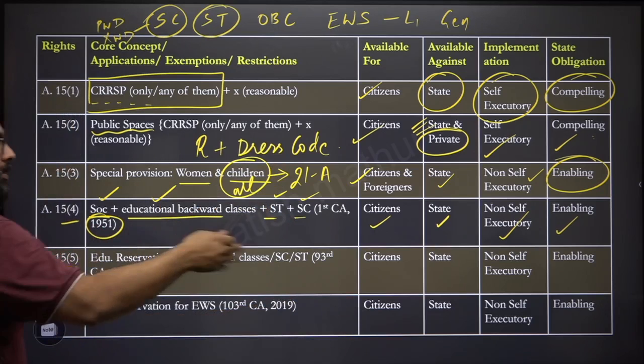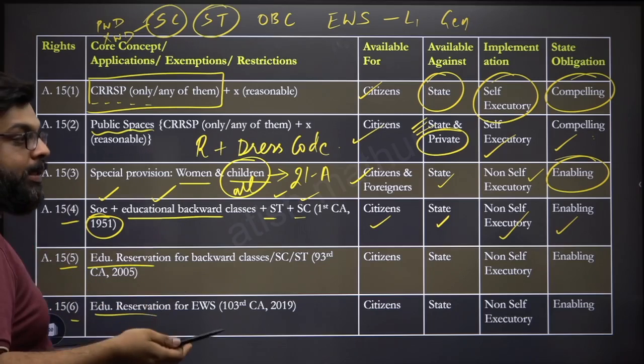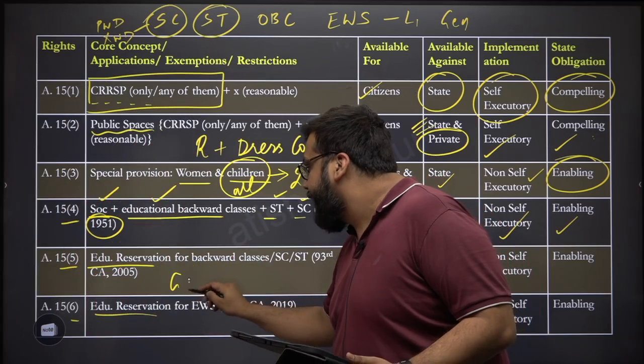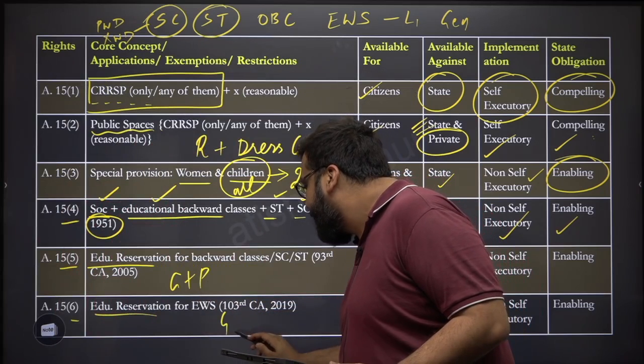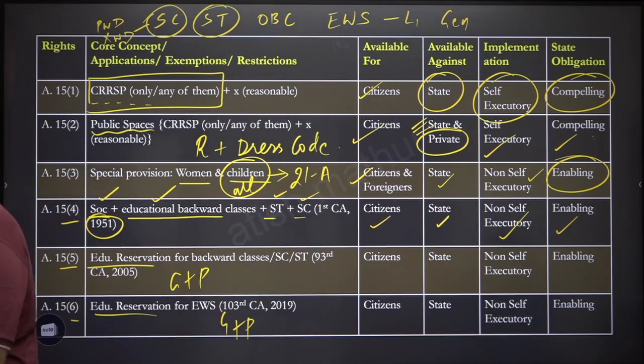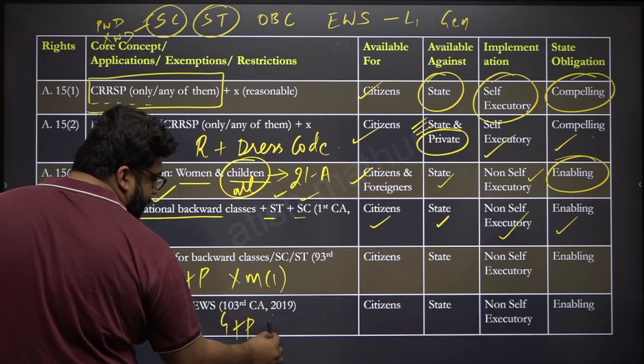And what that something is, is education-based reservation for both government and private. The text of the article very clearly mentions government and private, and of course it excludes minority institutions under Article 29.